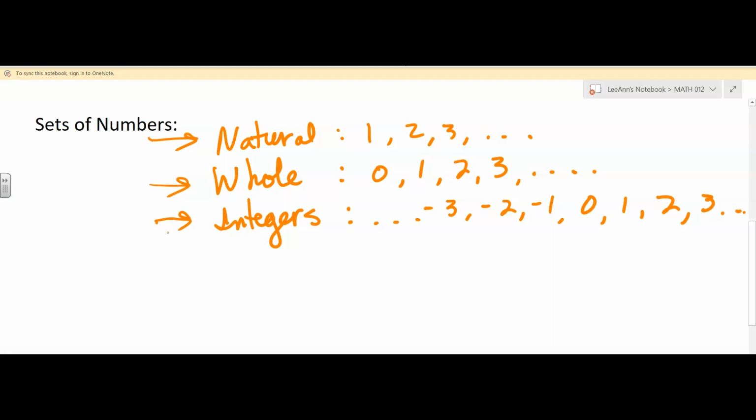Then you had rational numbers. We can't list the rational numbers, but they're basically any number that can be written as p over q, where p and q are integers.